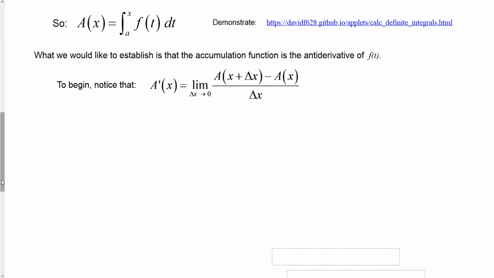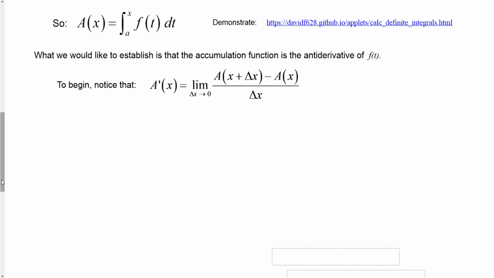We know that in derivatives we can use the limit definition of a derivative for calculations. So the derivative of the accumulation function is going to be the limit as delta x goes to 0 of A evaluated at x plus delta x minus A of x divided by delta x.